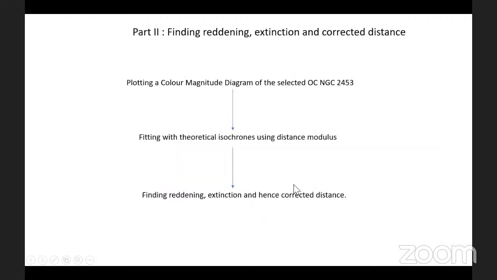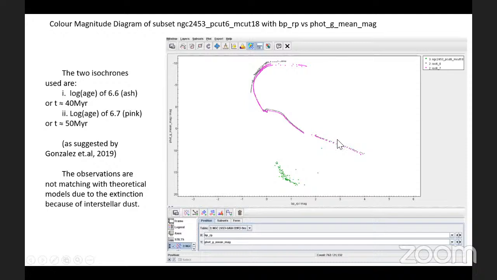Next step is to find the reddening, extinction, and the corrected distance. So I plot the color magnitude diagram of open cluster NGC 2453 with the isochrones of 40 million year and 50 million year. These two, 40 million year and 50 million year, are again suggested by Gonzalez et al. 2019. After superimposing these two, we can clearly see that there is extinction because of the interstellar dust.